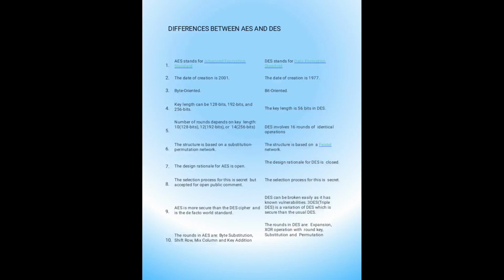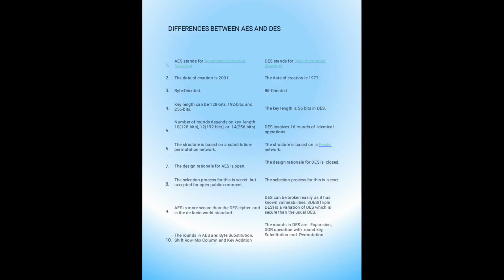The structure is based on a substitution permutation network in AES, and the structure is based on a Feistel network in DES. The design rationale for AES is open and the design rationale for DES is closed. The selection process for AES is secret but accepted for open public comment.